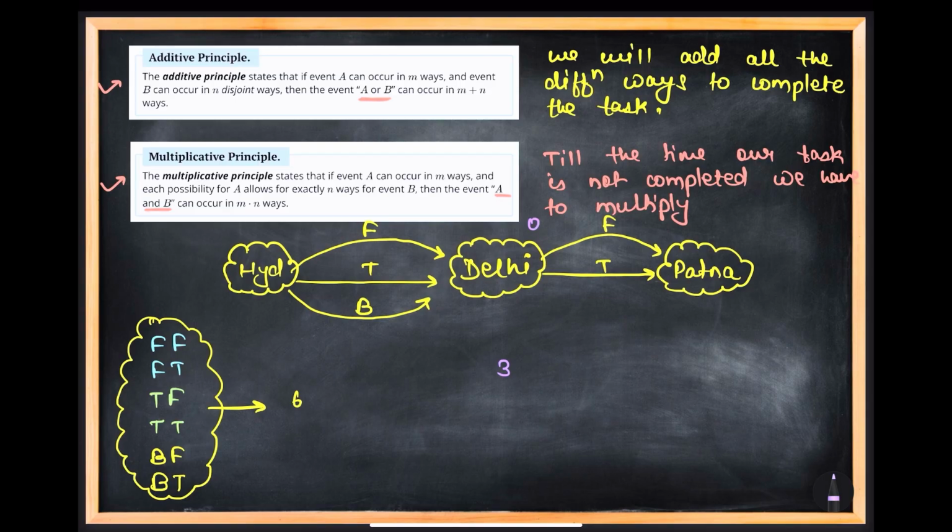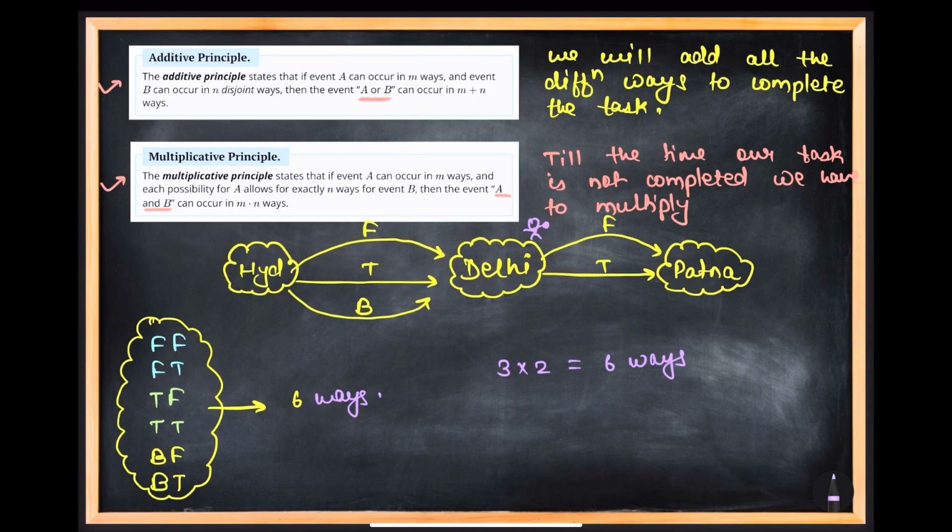Do you think your task is completed? No, you have to reach Patna. So your task is not completed, so you have to multiply. From Delhi to Patna you have 2 ways, either flight or train. So there are 3 times 2, 6 ways. Using both the principle of addition and the principle of multiplication we got the same result.